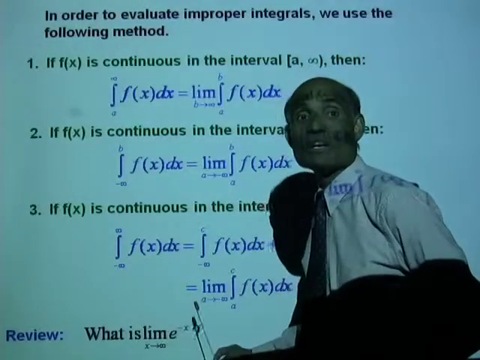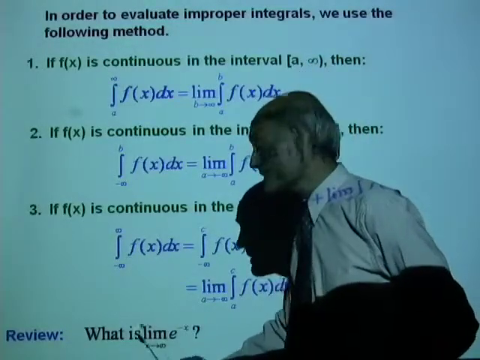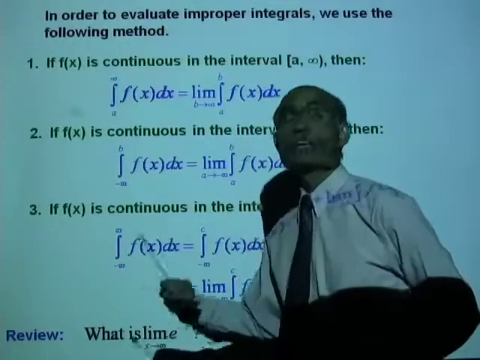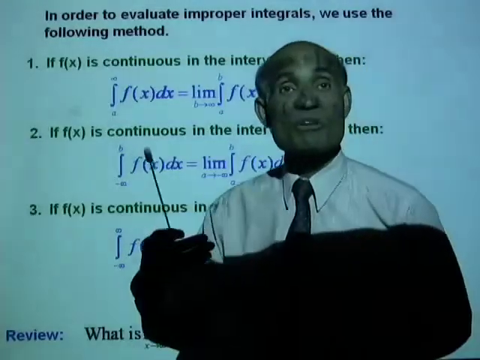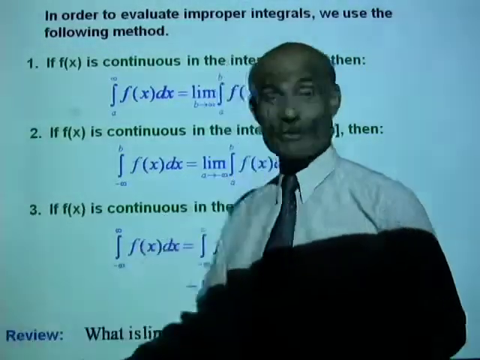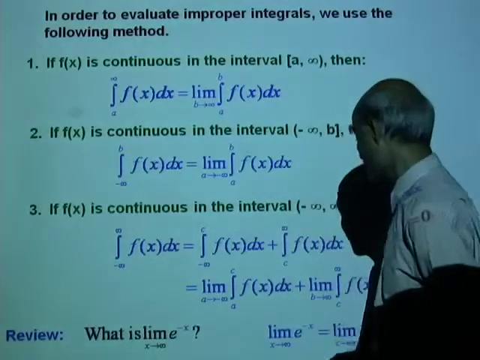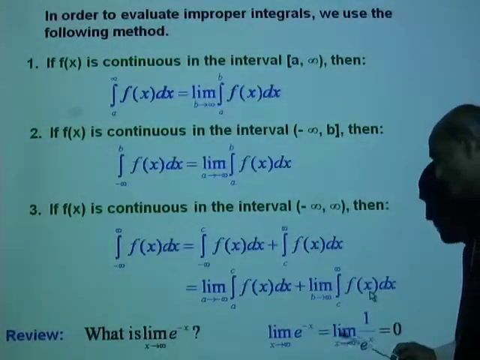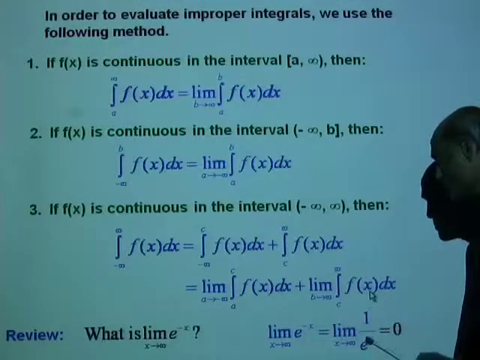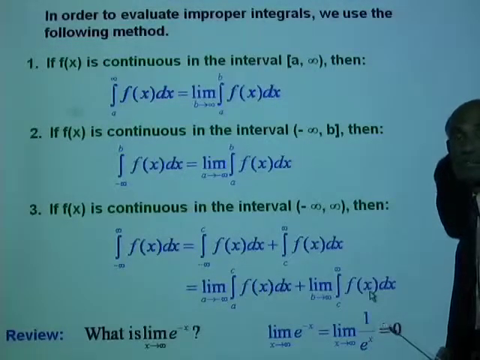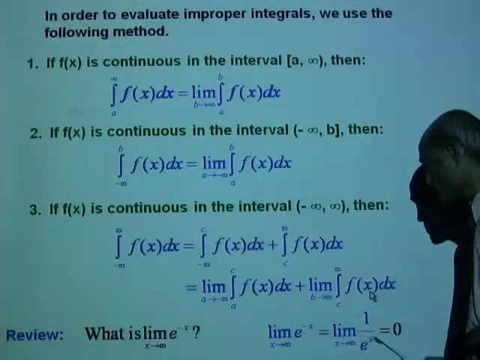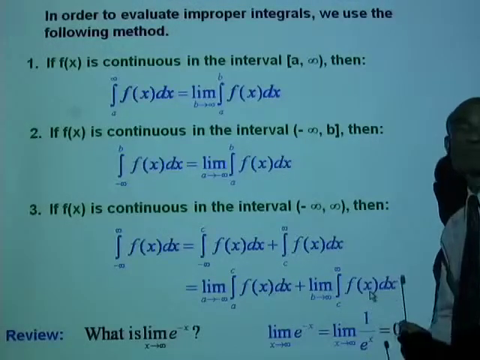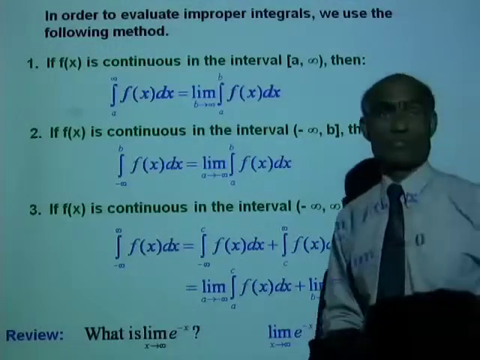And 1 over e to the power of x when x goes to infinity is 1 over e to the power of infinity, which is 0. So this limit is 0. Which is the same as limit 1 over e to the power of positive x, and that will be 0 when x goes to infinity.